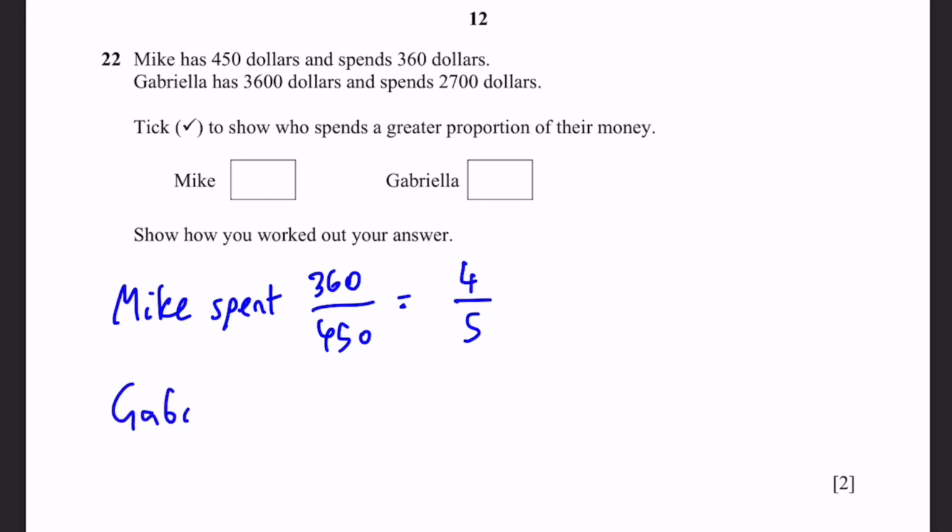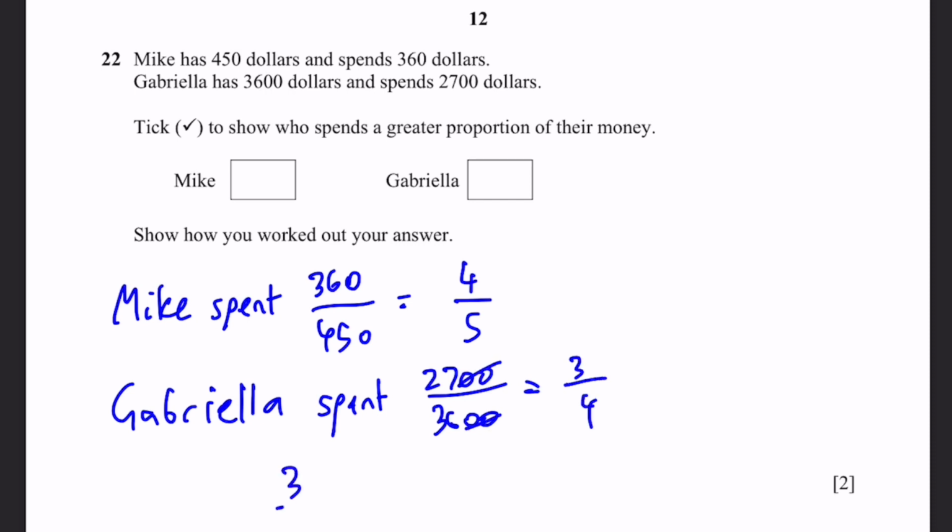And Gabriela spent $2,700 by $3,600, which is, cancel the zeros, 3 by 4. So 3 by 4, multiply both sides by 5, we get 15 by 20. And 4 by 5, multiply both sides by 4, we get 16 by 20.